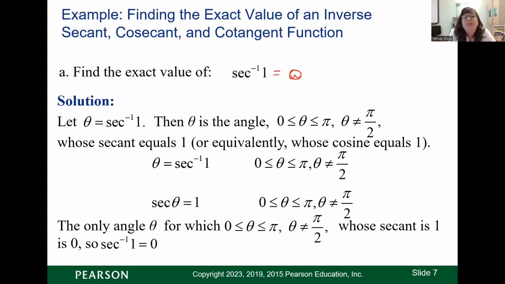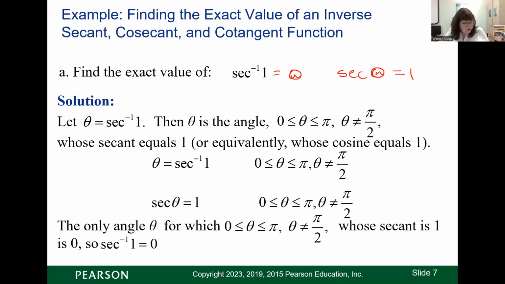Normally you would say the secant of some angle equals 1, and we want the inverse secant of 1, so what we're looking for is the angle. For the inverse secant, the angle will have to be between 0 and pi, and it cannot equal pi over 2 because it's undefined there. So we want to know what angle between 0 and pi has a secant of 1.